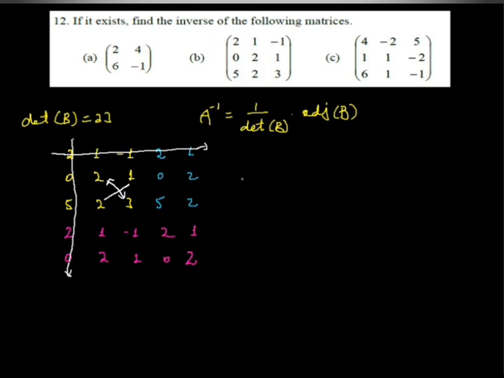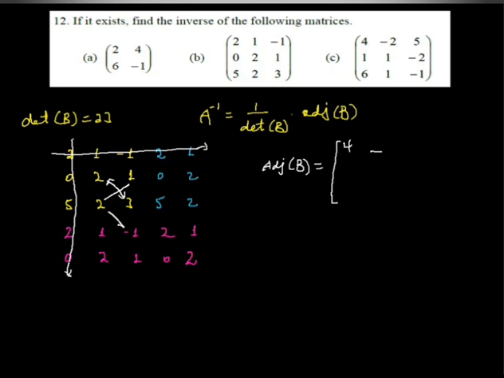is... what I want here is the adjoint of the matrix B. So the adjoint of the matrix B has 6 minus 2, which is 4. Okay, to get the second entry, now what do we do?